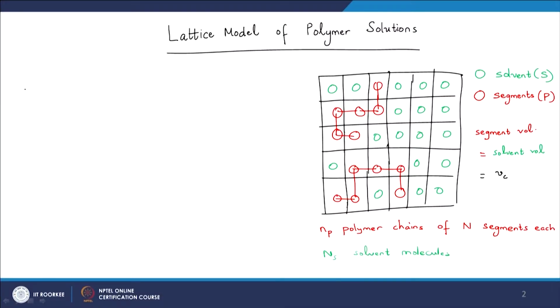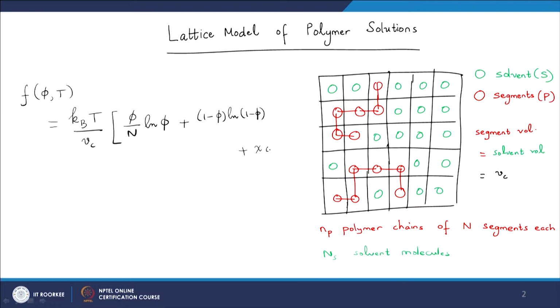Using this idea, and you can go through the detailed derivation in books, the polymer entropy term will be divided by n, the number of segments in a polymer chain, the solvent entropy term remains unchanged, and the solute solvent interaction term also remains unchanged.